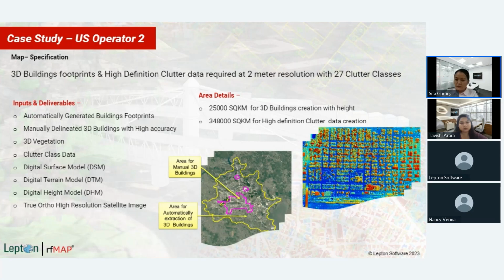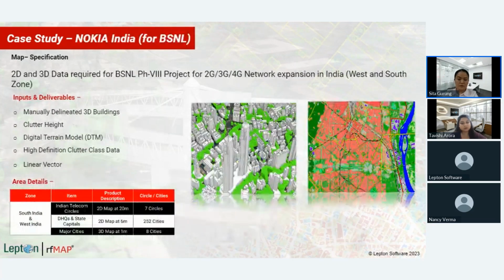The third case study that I have is for the Indian operator BSNL. They are the national operator here in India, and we worked with Nokia for this case. This particular project was for their 2G, 3G, and 4G network expansion in Indian territory.